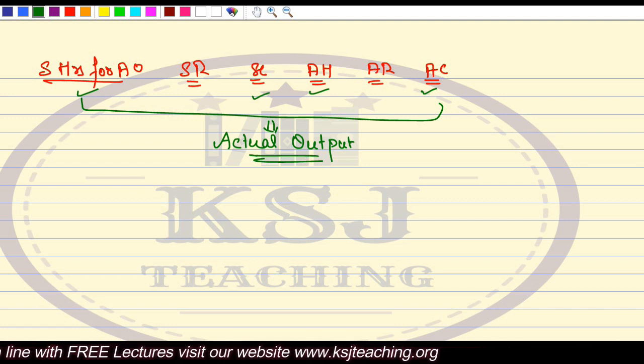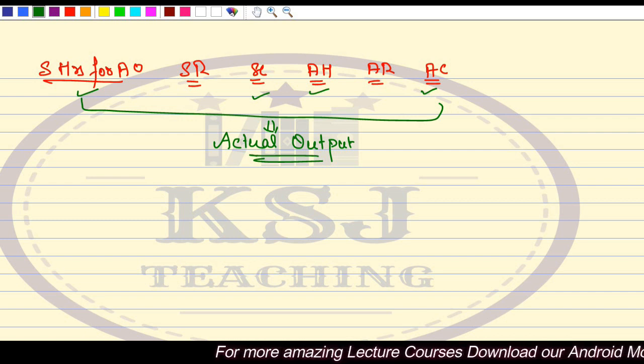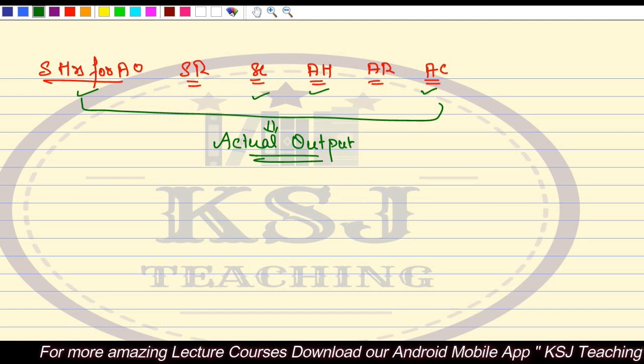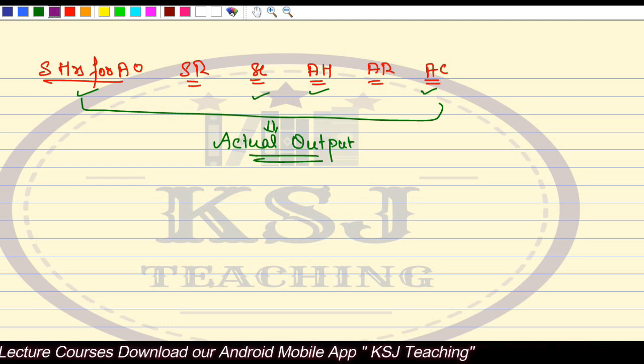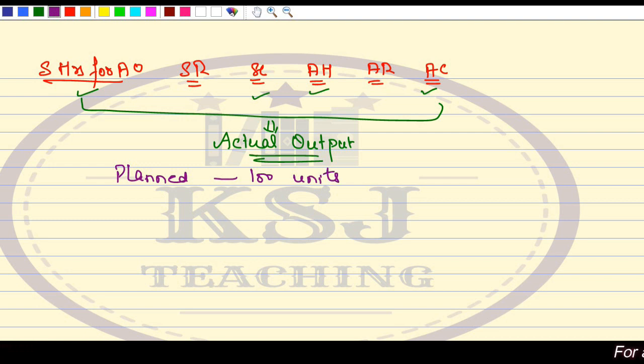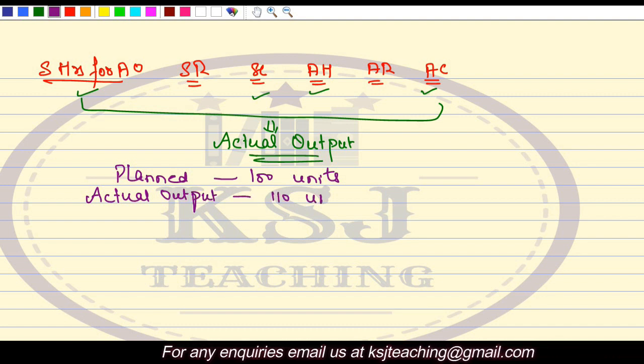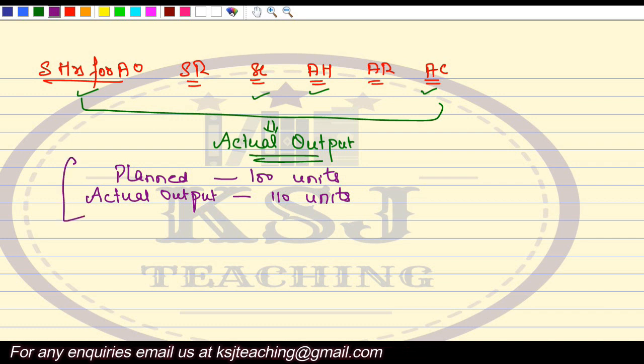Now, when you were setting the standards originally, at that time, the standards must have been set for a standard output. Say you planned, listen to it very carefully, you planned 100 units, whereas the actual output is 110 units, right?